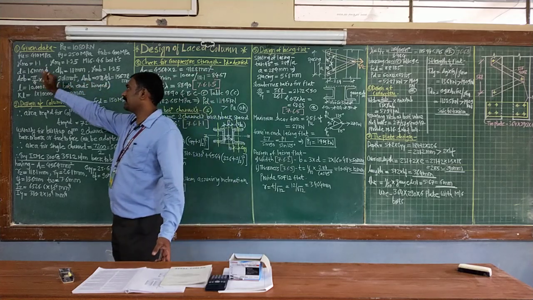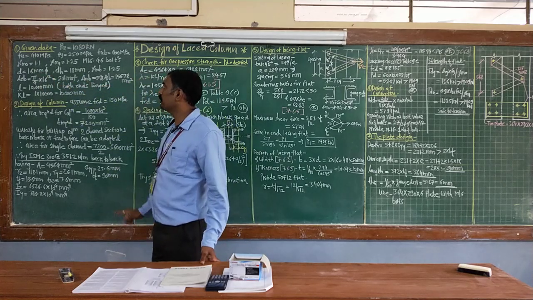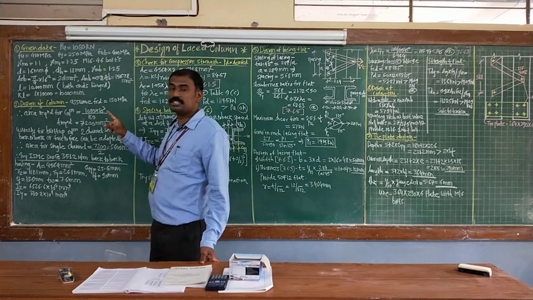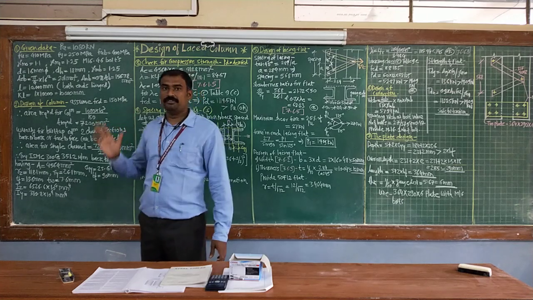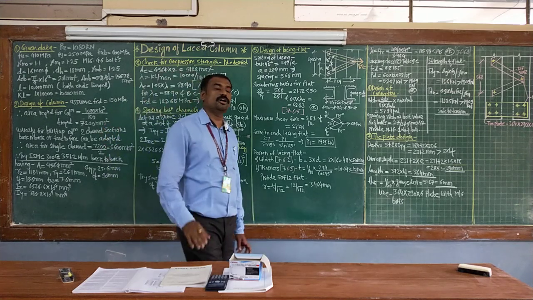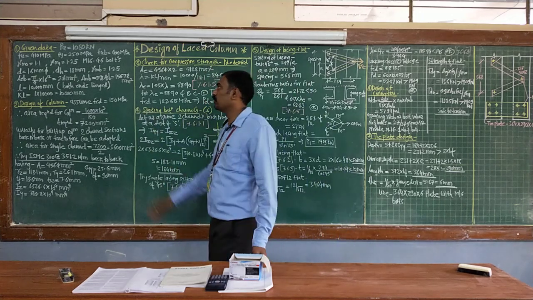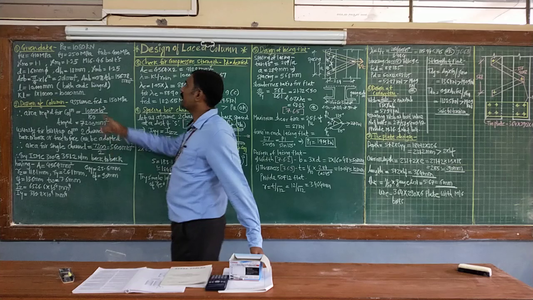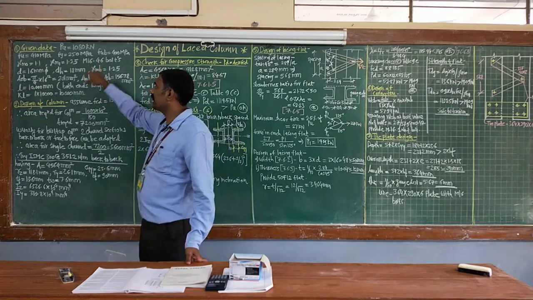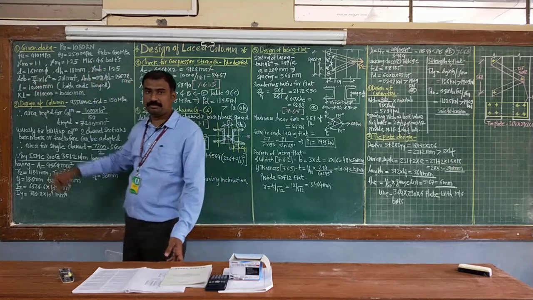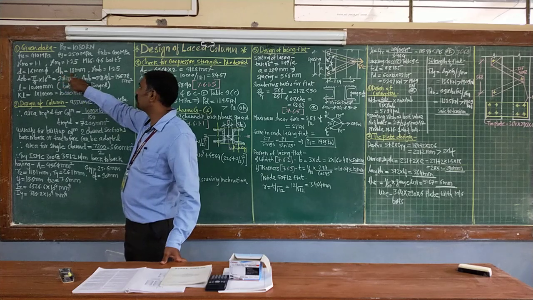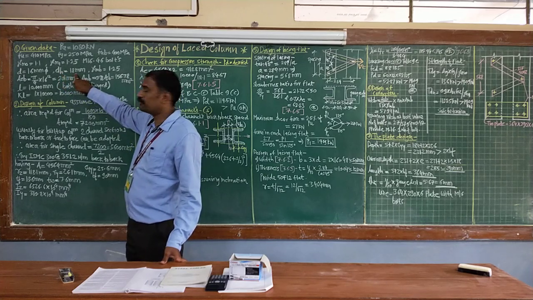Then partial safety factor gamma m0 is 1.1, gamma m1 is 1.25, and M16 bolts we are going to use. If in the examination question paper the diameter and grade of bolt is not mentioned, you may assume that. So here we are going with M16 bolts. According to M16 and 4.6, the diameter will be 16 mm, then the diameter of hole will be equal to 18 mm, according to a clearance of 2 mm.